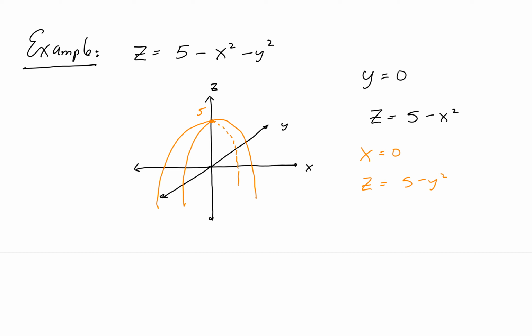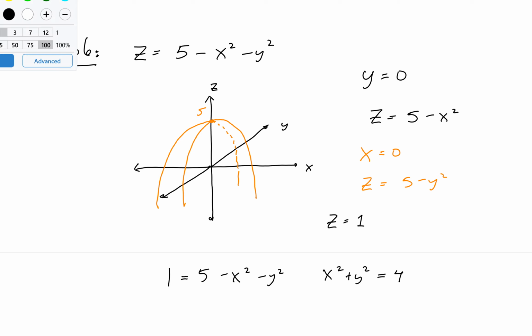And if we fix any particular value of z, so say I take z is equal to 1, then I would have 1 is equal to 5 minus x squared minus y squared, which is the same thing as x squared plus y squared is equal to 4. So that would give me a circle up here. It's giving me problems with the pen.